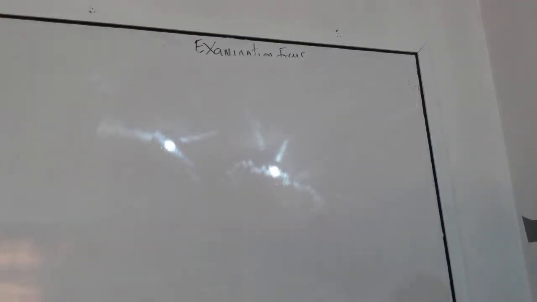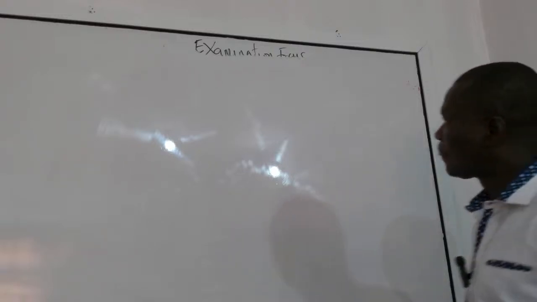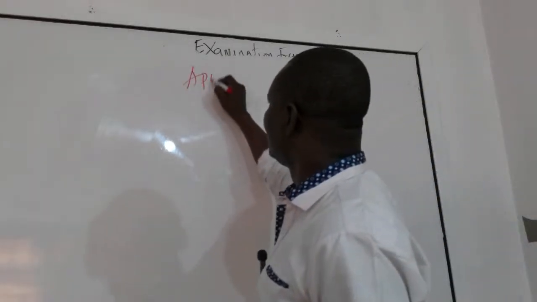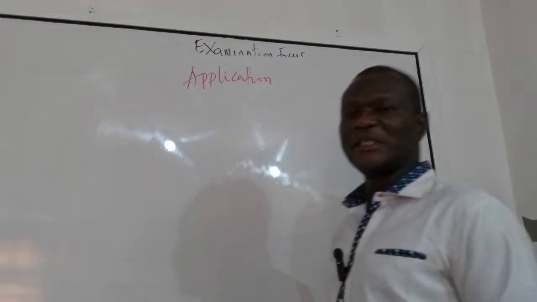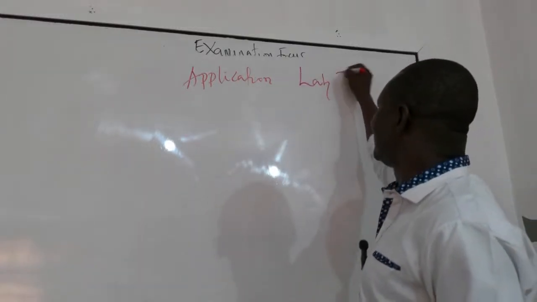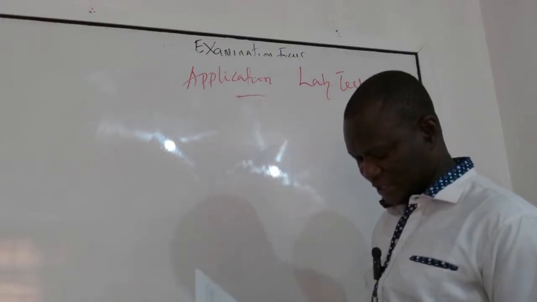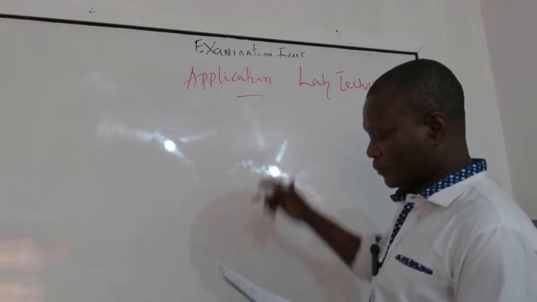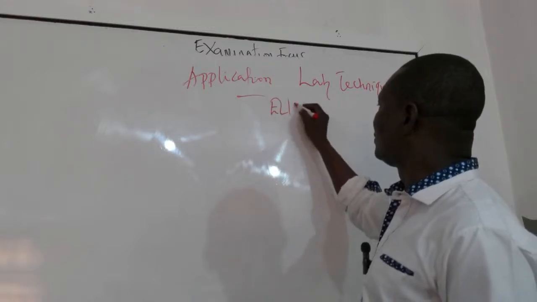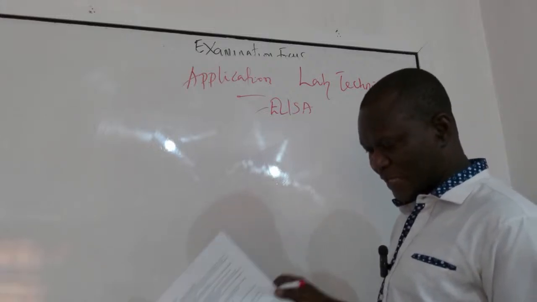Okay, so that is going to be the fifth one. Then the sixth one has to do with the application of immunology, that is application of your knowledge in immunology in laboratory techniques. You find this very interesting, especially you have to link them with techniques like ELISA, that is enzyme linked immunosorbent assay.